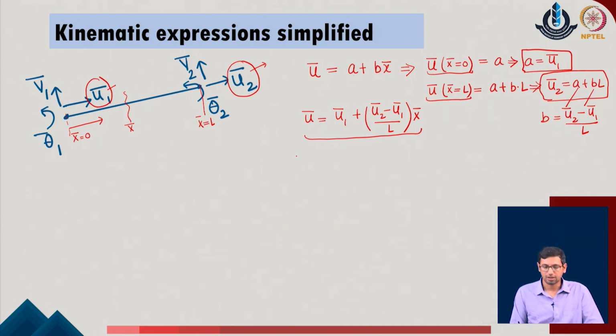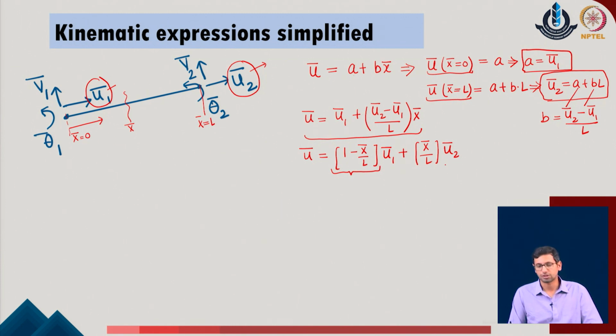Now, what does it necessarily also mean? If I break it down further, I can write it as u bar is equal to 1 minus x bar upon L into u1 bar plus x bar upon L into u2 bar. I did not do anything more, I just considered the coefficients of u1 bar in one basket, and the coefficients of u2 bar in the second basket.